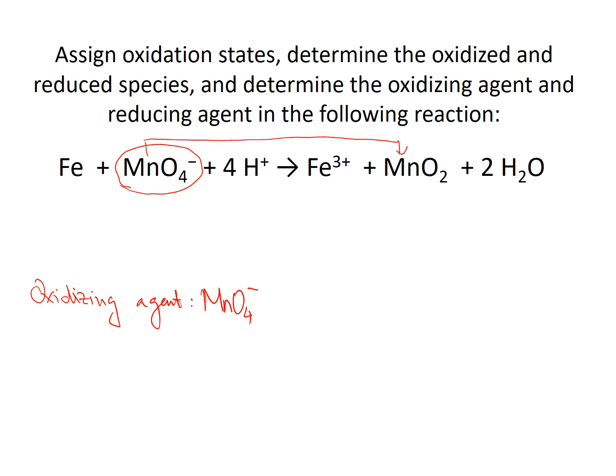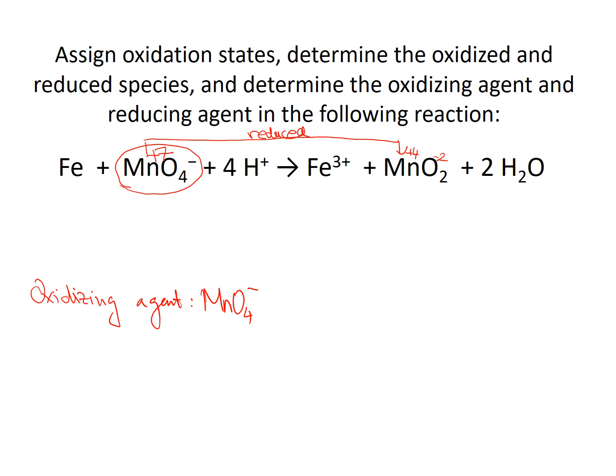And I'm just going to double check. I already calculated in the previous problem that manganese is in the +7 oxidation state. And here it's going to be in the +4 oxidation state because we have 2 oxygens in the -2 oxidation state. So it goes from +7 to +4. The permanganate got reduced to manganese dioxide.